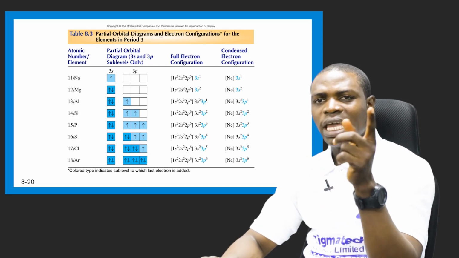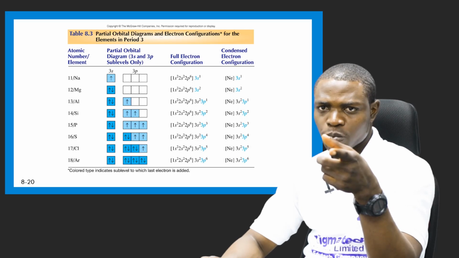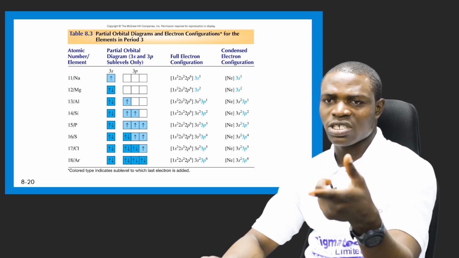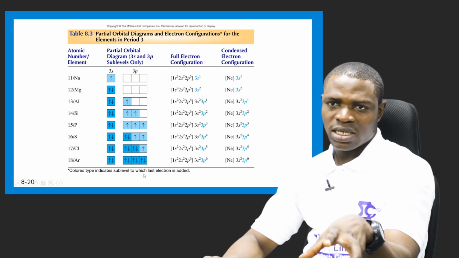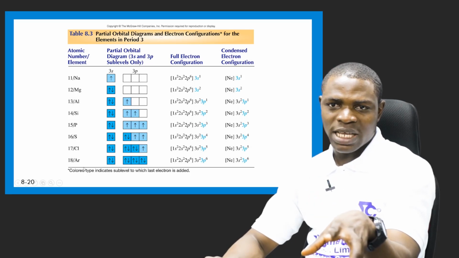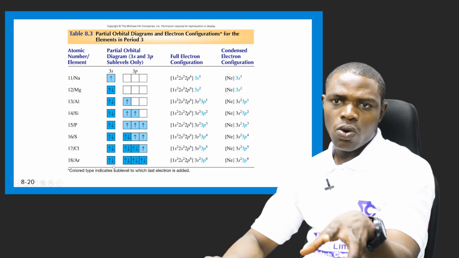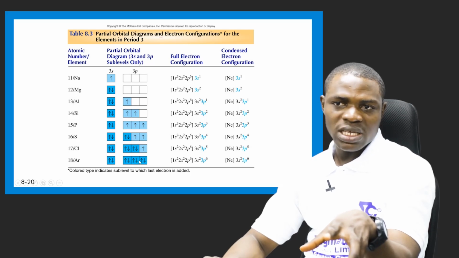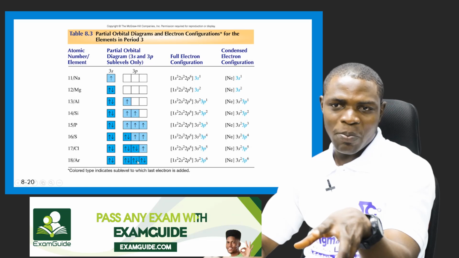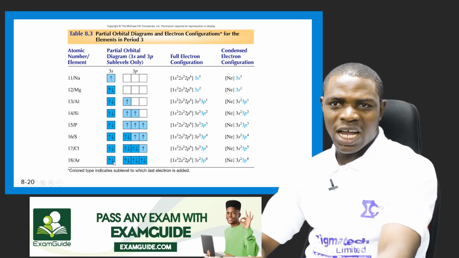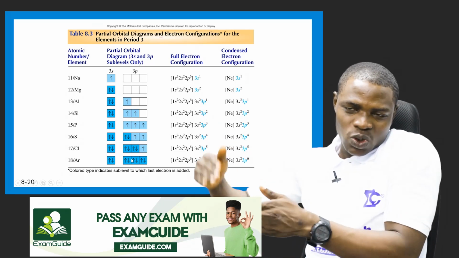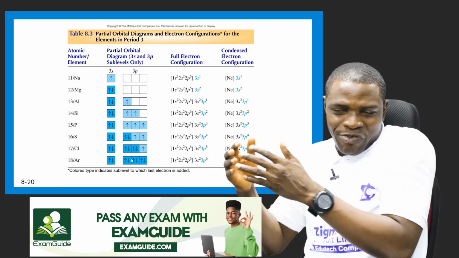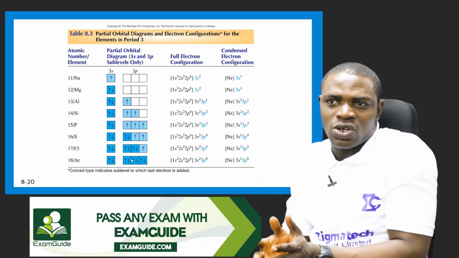So look at it. When you get to 14, 15, 16, 17, and 18, now we have a perfect arrangement in argon. 1s2, 3p6. That means it's a perfect arrangement. So we can now use argon to form another subsequent condensed form of the electron configuration.